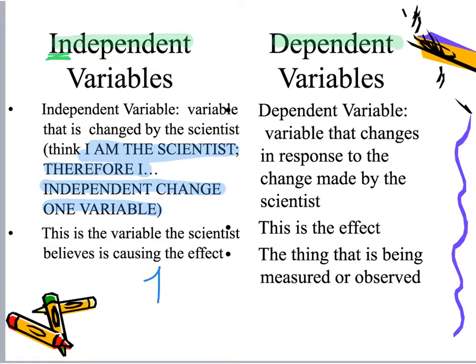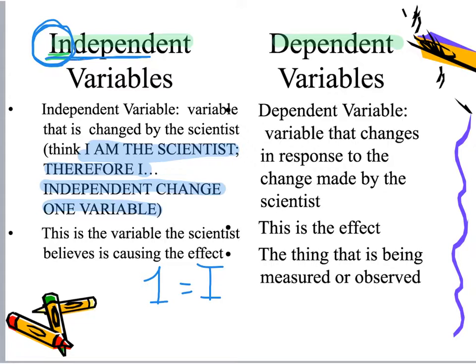And remember, how many variables do we want to change in a controlled experiment? We only want to change one variable. And that one variable that we want to change, that Roman numeral number 1, is the independent variable.